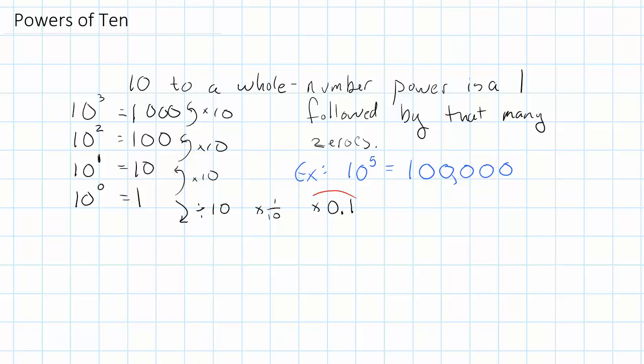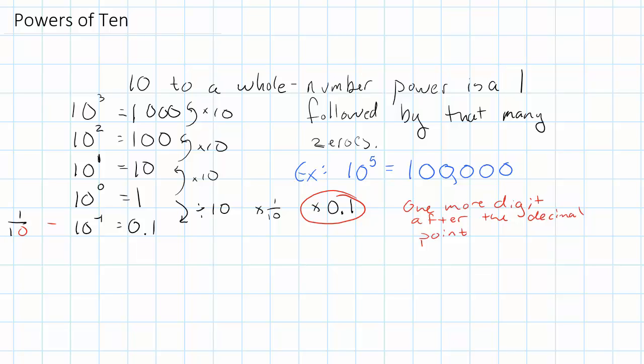And this is the idea that we want to use here, multiplying by 0.1. Multiplying by 0.1 will just get us one more digit after the decimal point. Right, so 10 to the negative 1 will have 0.1, which we could think of as 1/10.